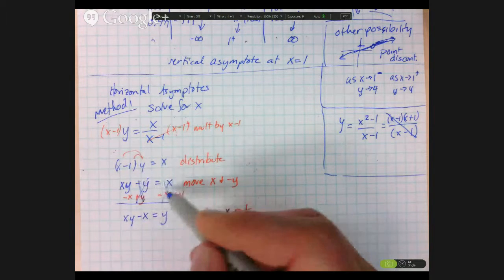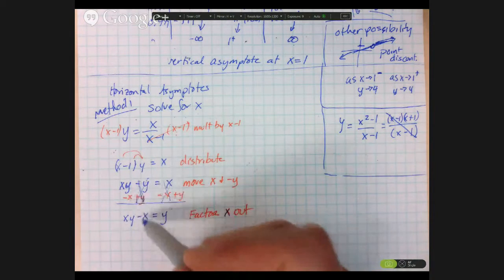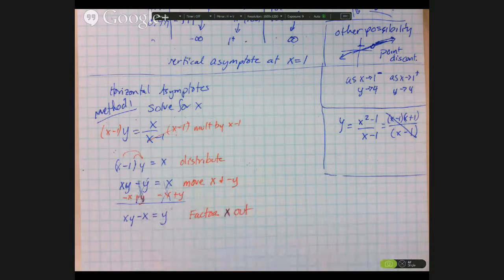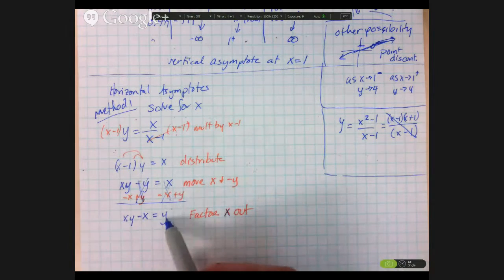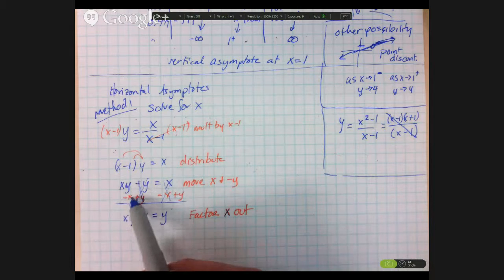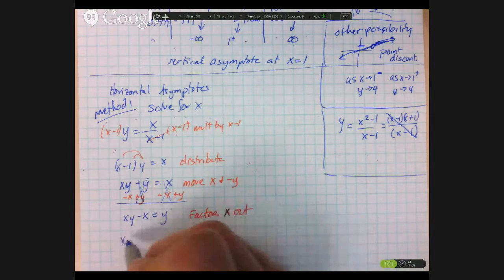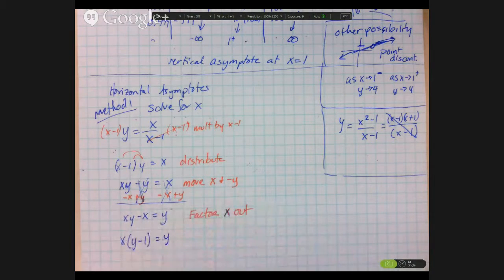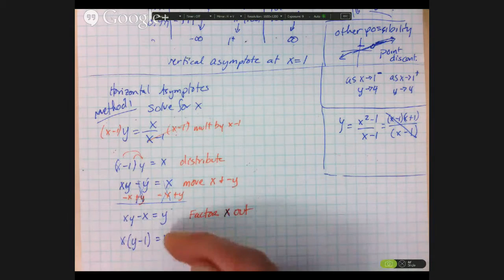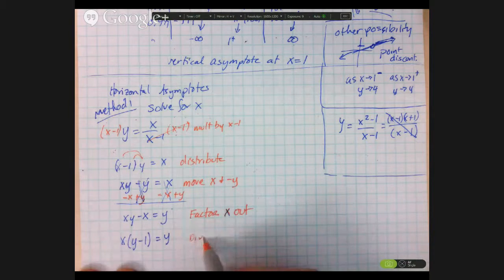Then I subtracted x, those cancel. Now it makes it minus x over here. X minus x is 0, so it's gone from here. But xy minus x over here. So I just factored an x out. Divide by y minus 1.